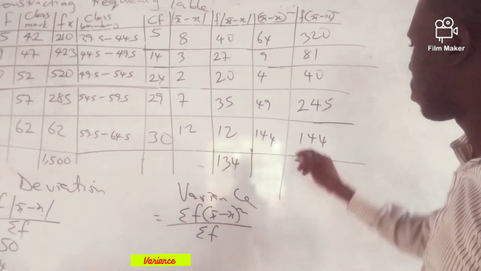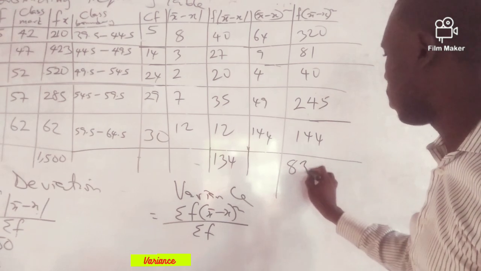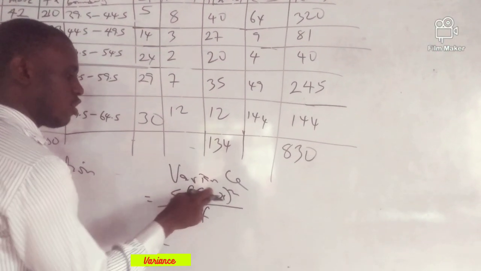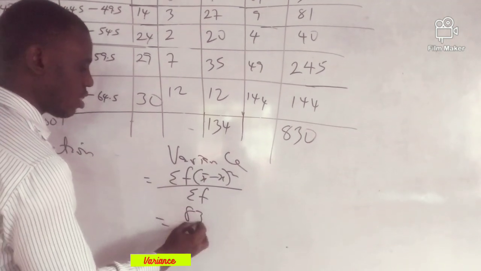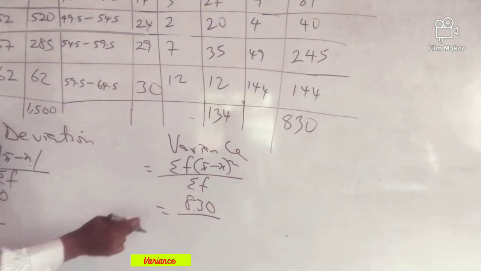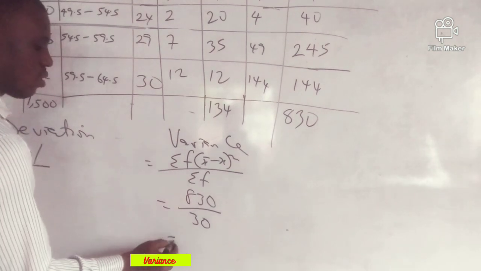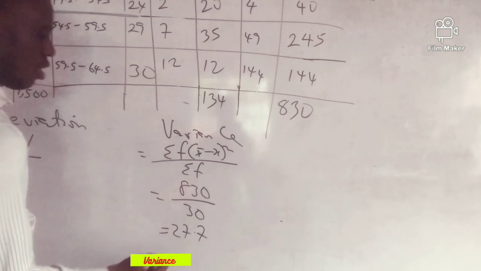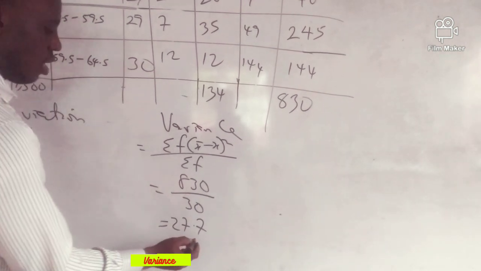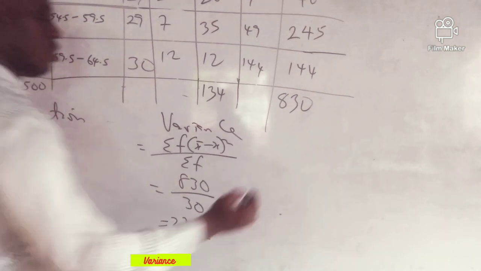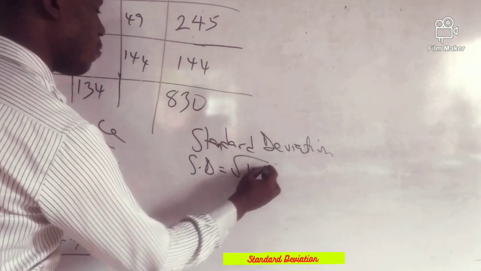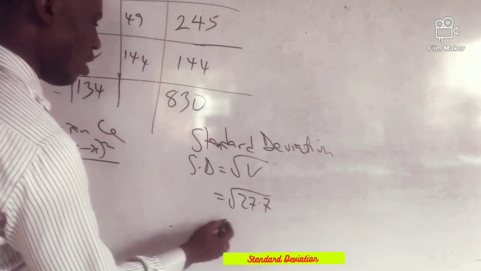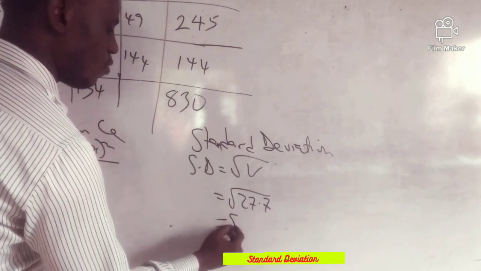When you add up, you have 830. So summation f deviation squared is 830, and summation f is 30. That gives you 27.7, and that is your variance. The standard deviation is the square root of the variance, the square root of 27.7, which is 5.3.